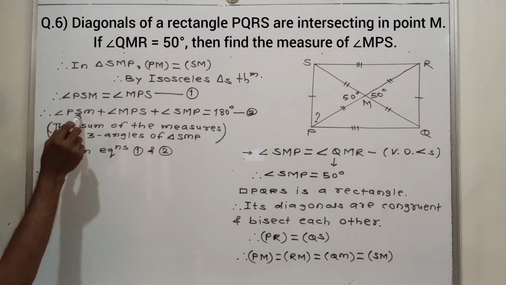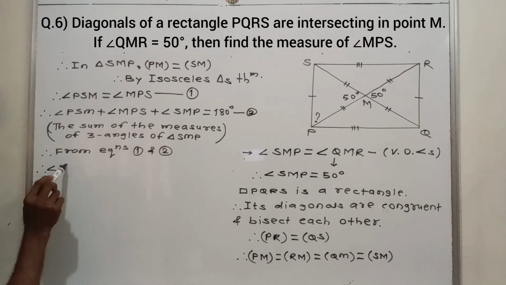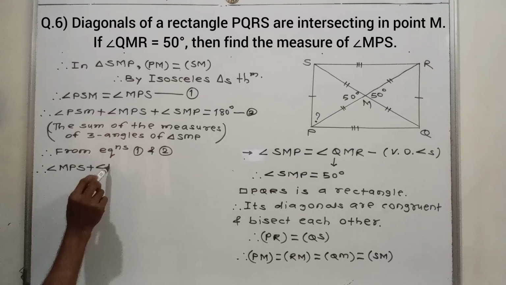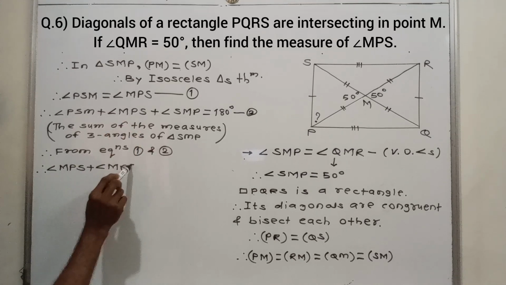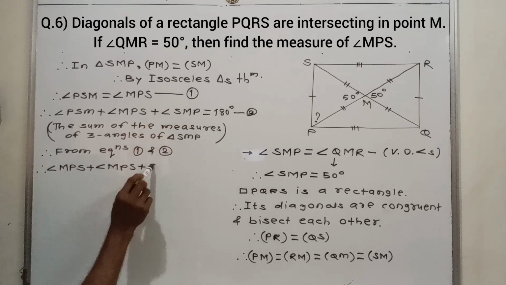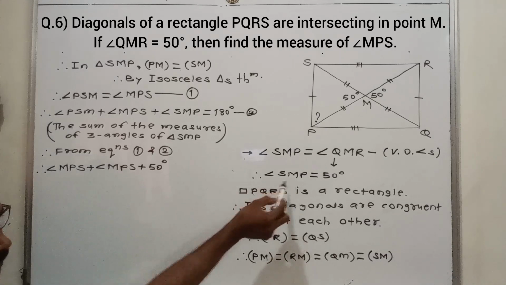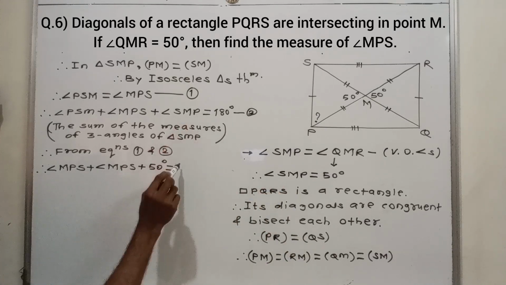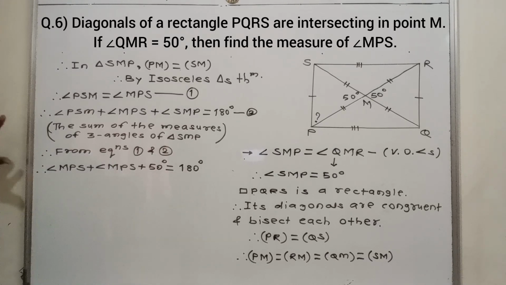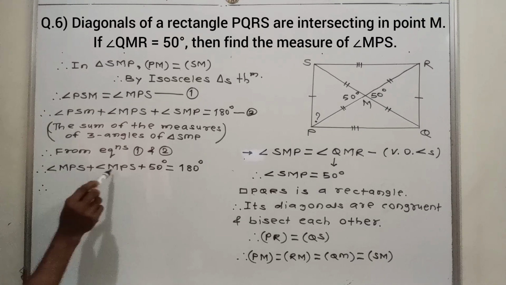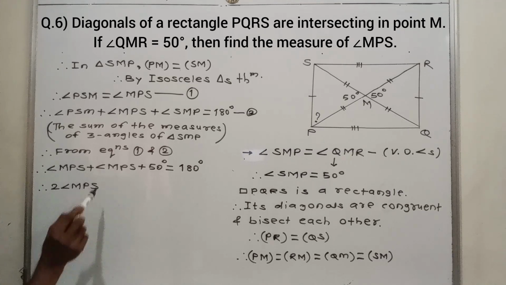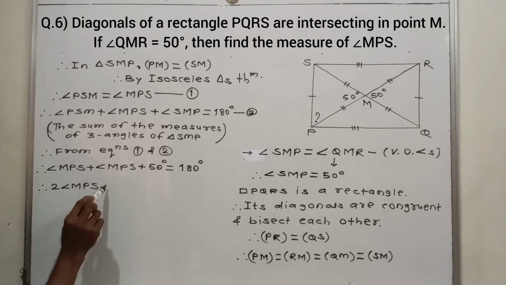Means instead of this, we put angle MPS plus angle MPS plus angle SMP, 50 degree is equal to 180 degree. Did you get it? Very simple method. Therefore, how many times angle MPS? 2 times. So we write 2 angle MPS.